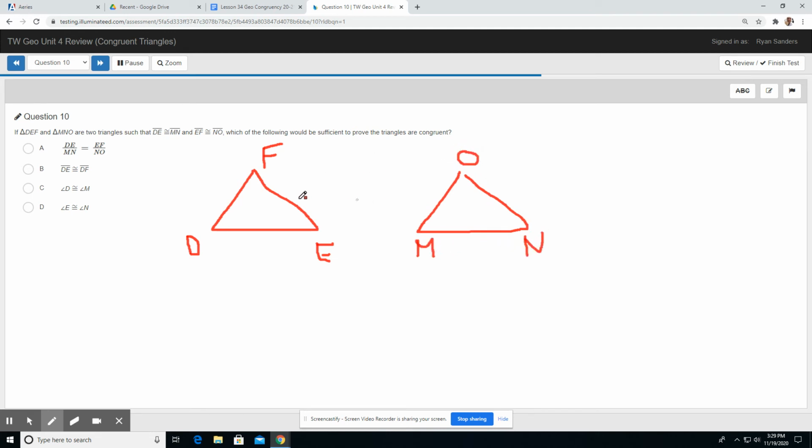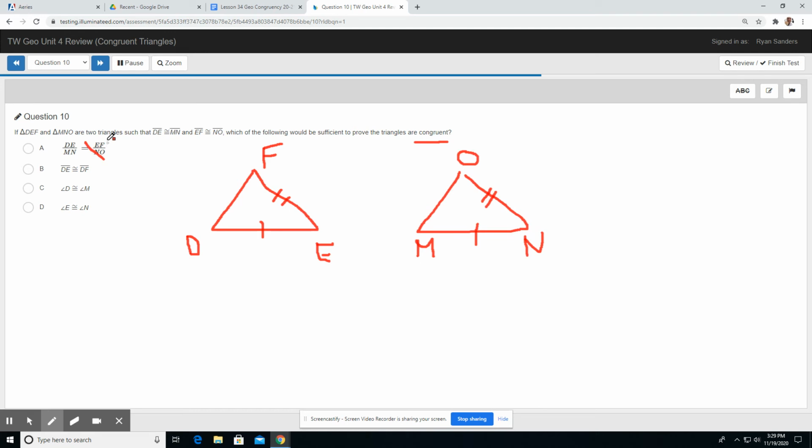The bell is going to go off in just a moment. Sorry about that. It tells us that DE is the same as MN, and EF is the same as NO. Which of the following would make them congruent?